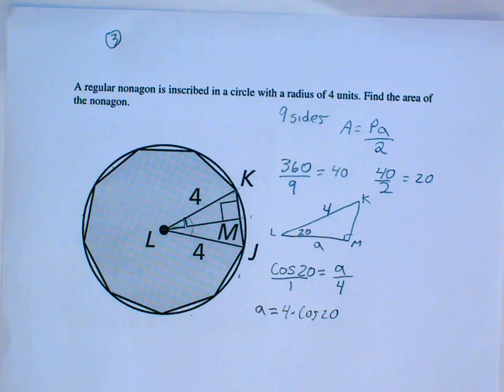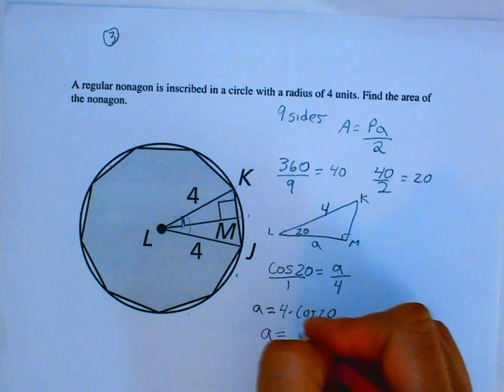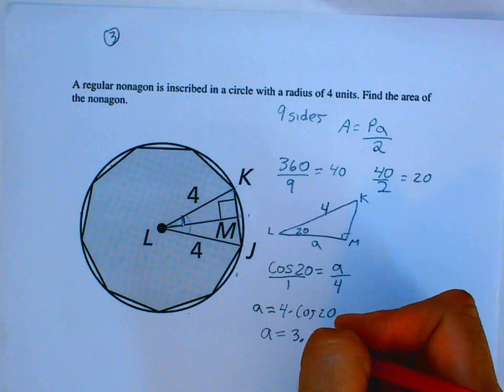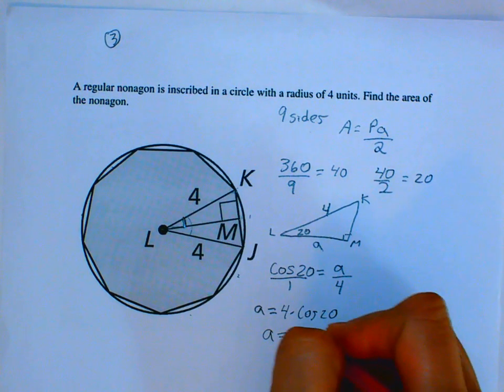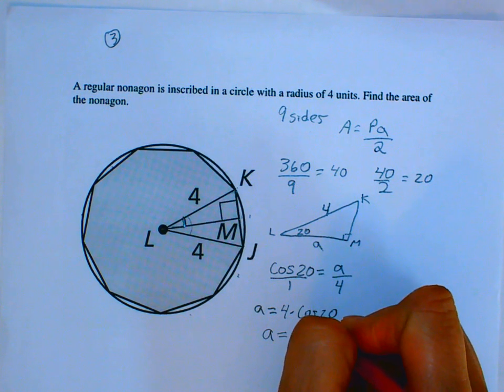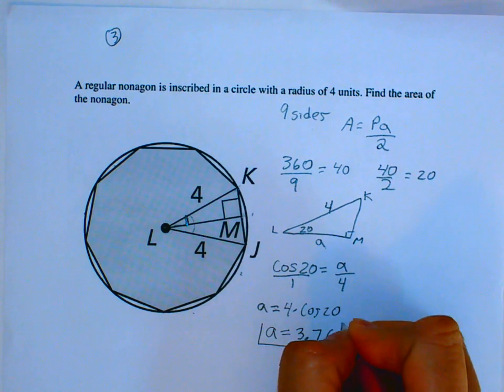I'm using the calculator here, guys. Now this is only an approximation, and it doesn't say how much, so I'm going to put about 3.76. Now that's the apothem.